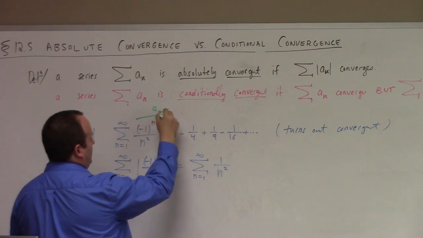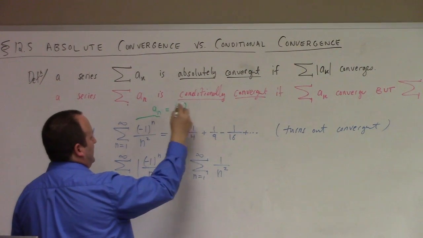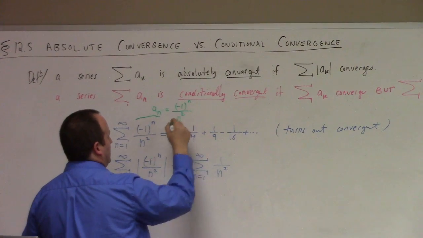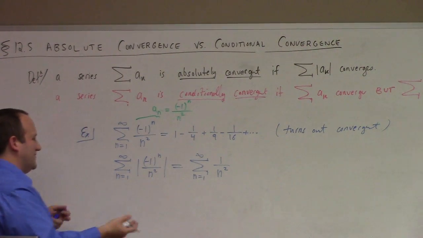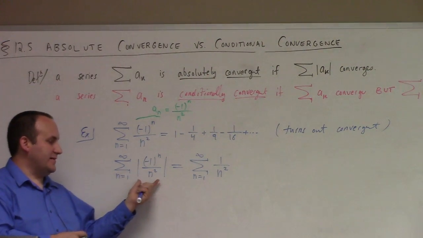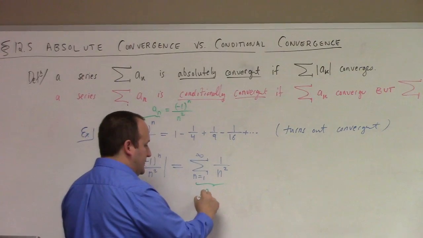Here, a sub n is minus 1 to the n over n squared. If it makes you more comfortable to always use k, you could put k here. I just wanted to mix it up for a second. This is the alternating p equals 2 series. So the absolute value of a sub n here is just this, but this is the p equals 2 series.